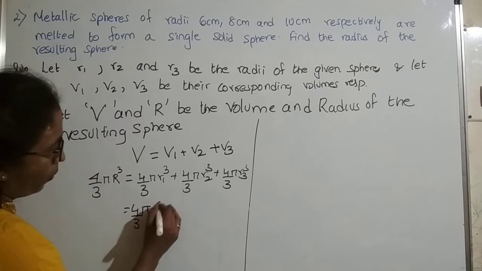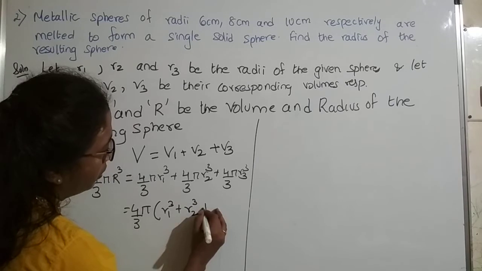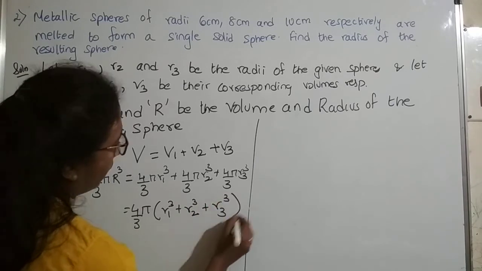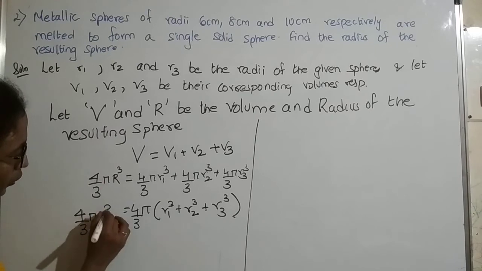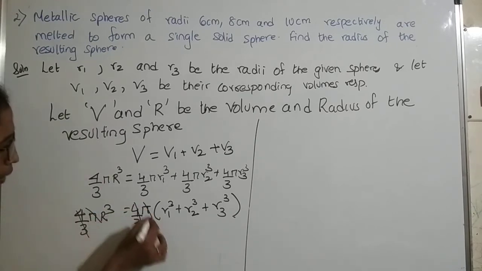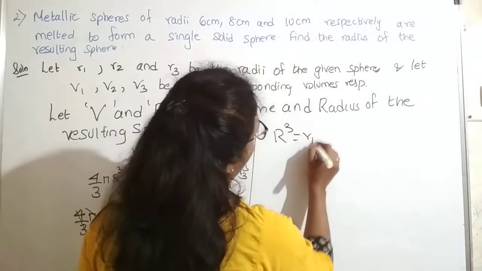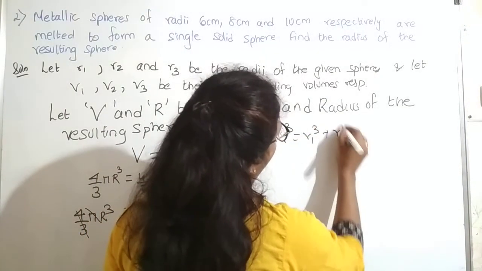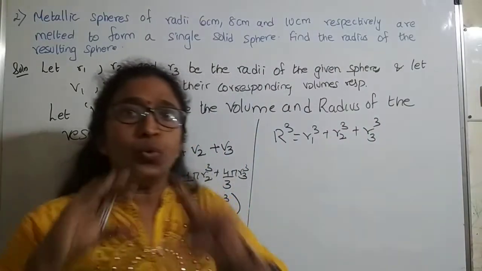We get R1 cube plus R2 cube plus R3 cube, and on the other side 4 upon 3 pi R cube. As you can see, 4 upon 3 cancels, pi cancels. So we get a very beautiful relation: R cube is nothing but R1 cube plus R2 cube plus R3 cube. So you need not do it separately; do it together.